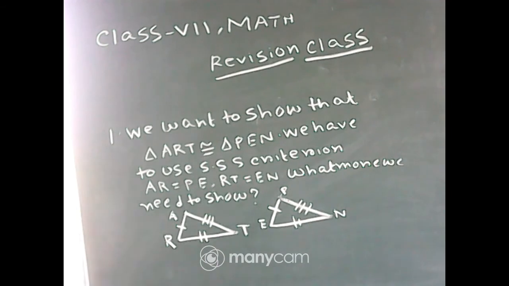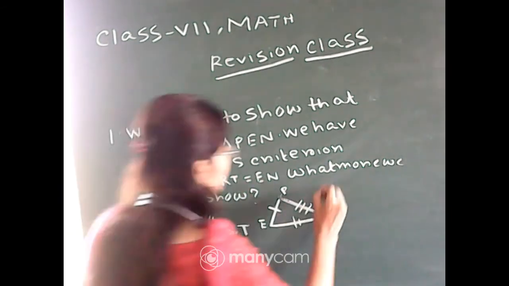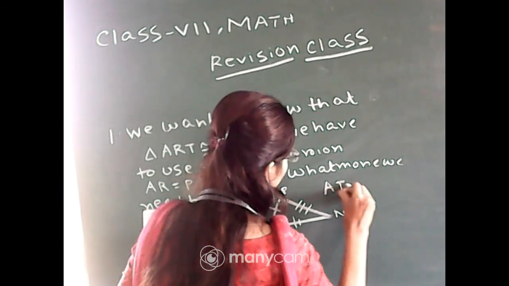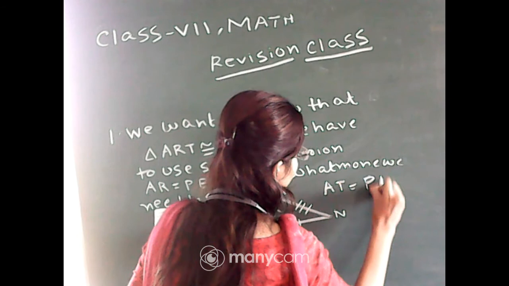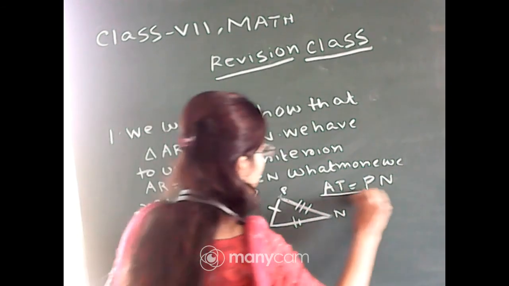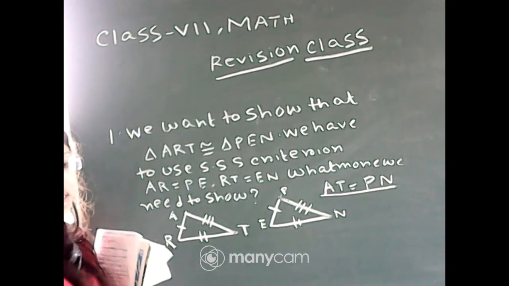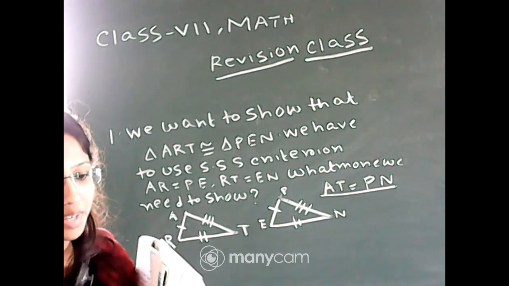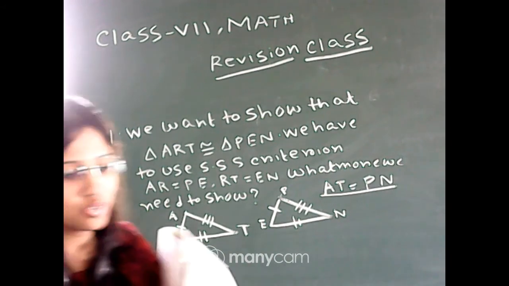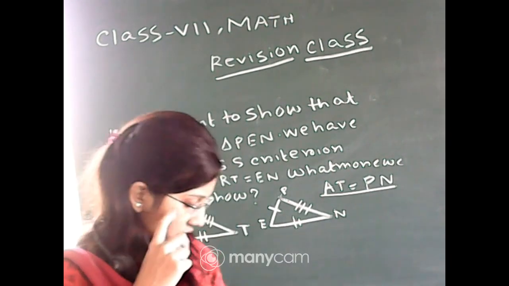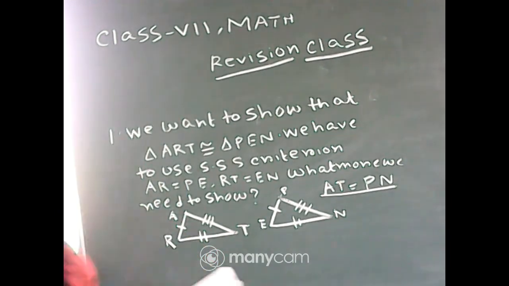So, the answer is side AT is equal to side PN. Clear? The math is clear to everyone. Then we will go to the next question.